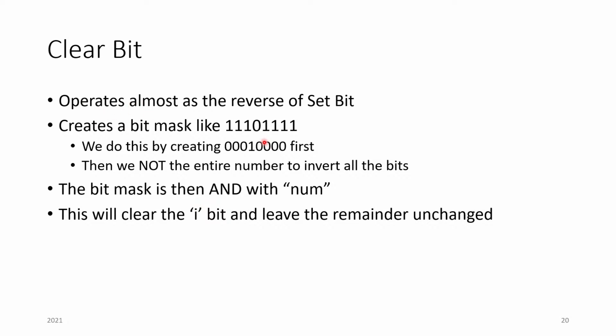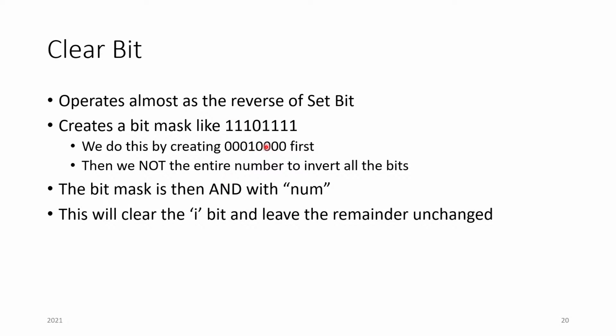If we wish to clear a particular bit in our binary sequence, we create a bit mask where all bits are 1 except for the bit we wish to clear, which is going to be 0. And to create this, we do the same thing as we did for our previous operations, where we were setting the bit or getting the bit as required.